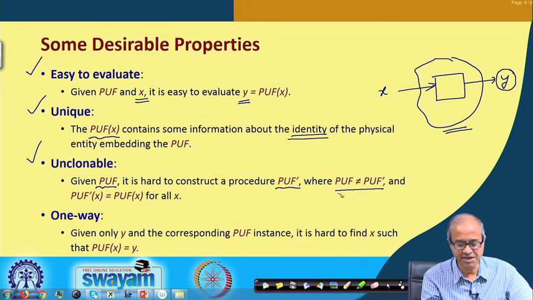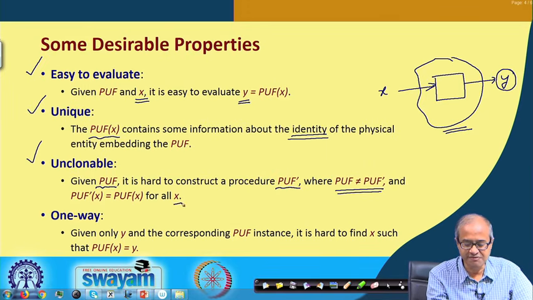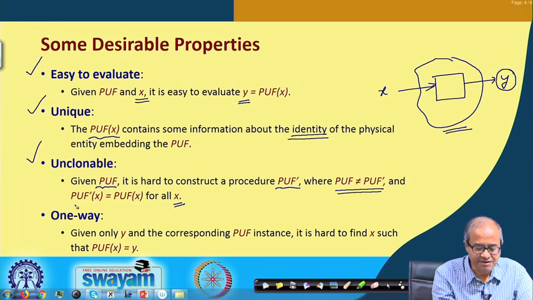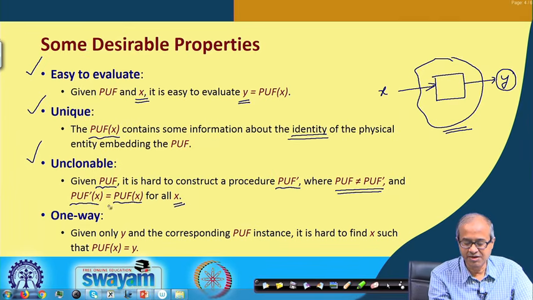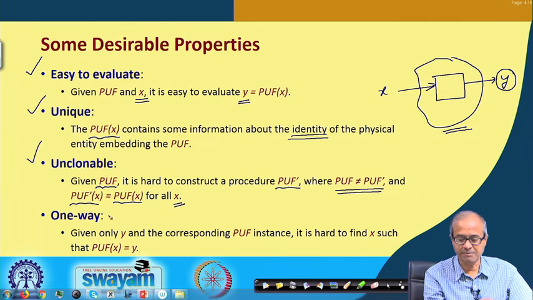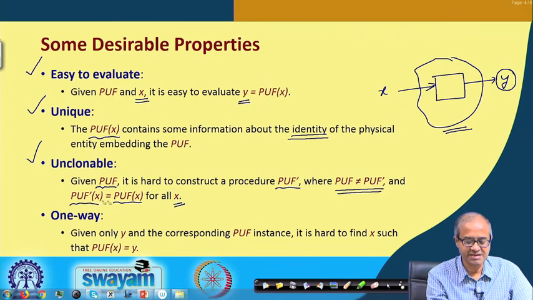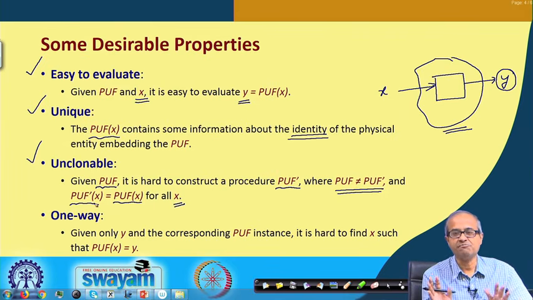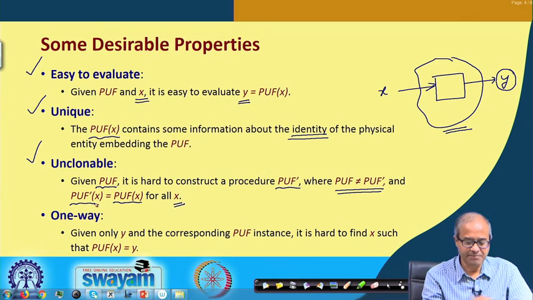They will always be unequal, meaning for some given challenge, if you compute the response for the first one and compute the response for the second one, they will not be equal. So, it is hard to construct two PUFs which are not the same, such that for the same value of x, their response will be the same. Their response will be different, that is the idea.